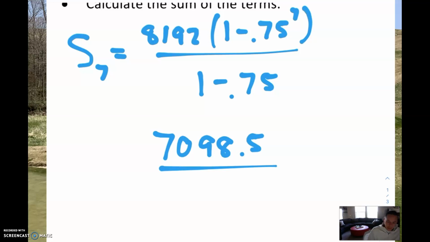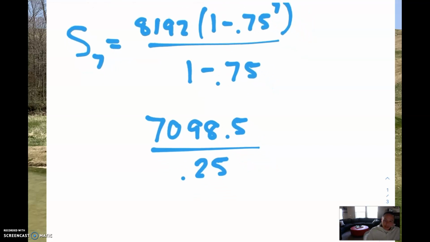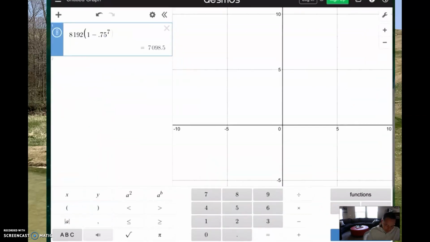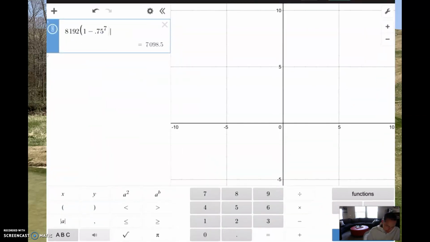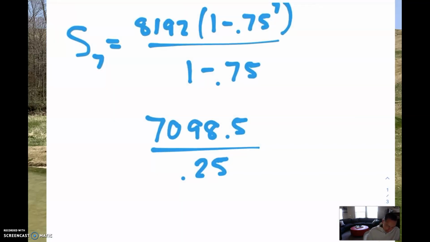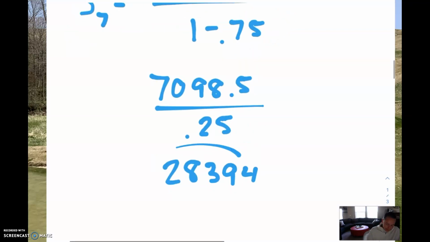And on the bottom, 1 take away 0.75 is 0.25. Now if you're dividing by a fourth, a quarter like that, you're doing the same thing as multiplying by 4. So I'm going to go to Desmos, and we are just going to multiply that by 4 to get our final answer. And that's 28,394. So 28,394 is the sum of the first 7 terms.